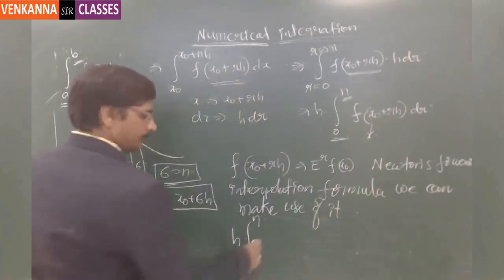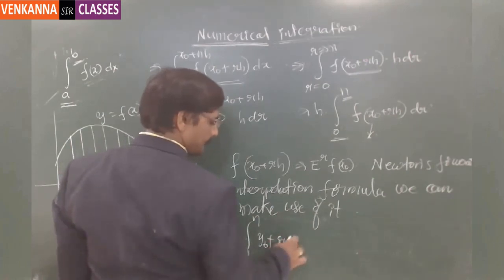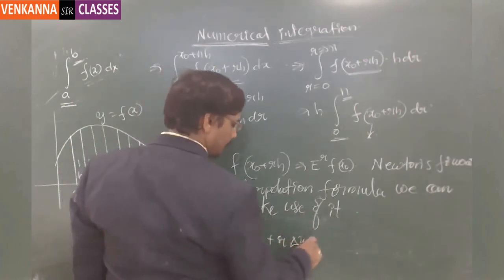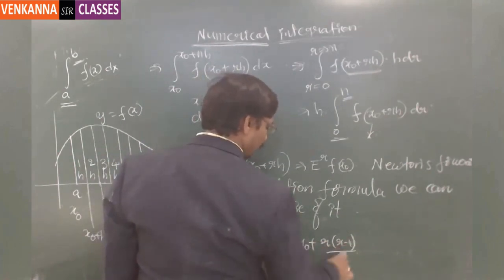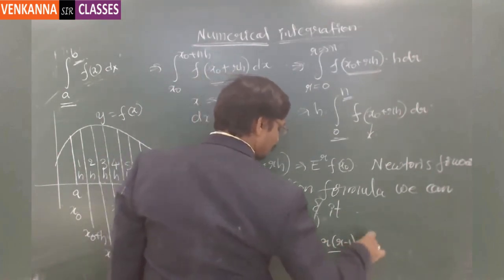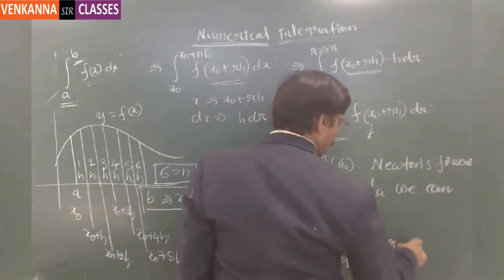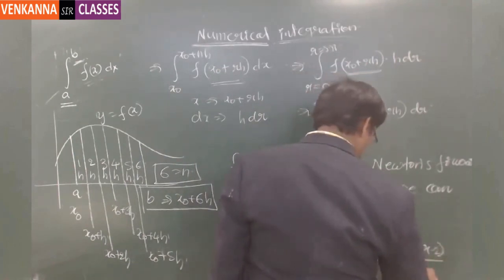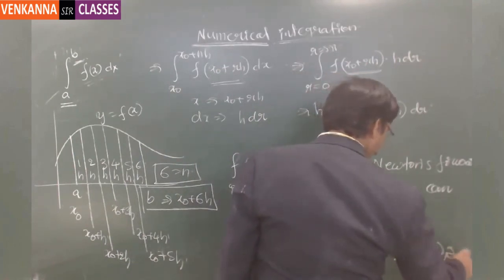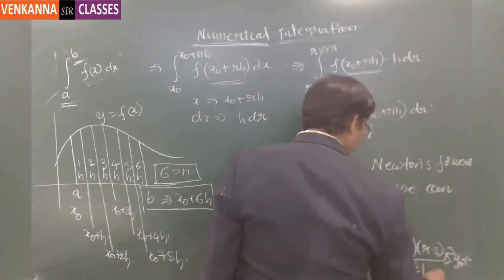Now here, y naught plus r into delta y naught plus r into r minus 1 divided by 2 factorial into delta square y naught plus r into r minus 1 into r minus 2 divided by 3 factorial into delta cube y naught plus and so on up to infinity.